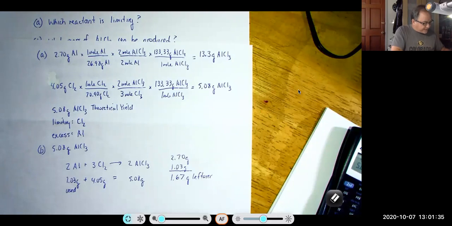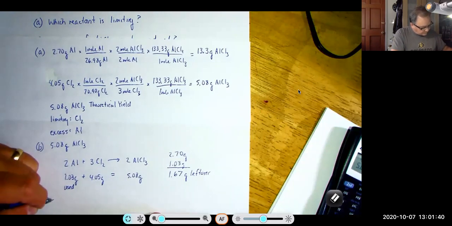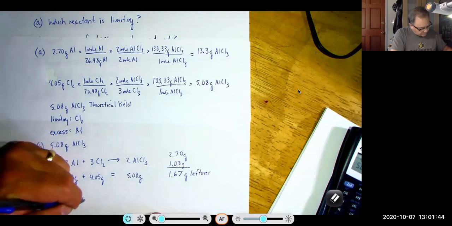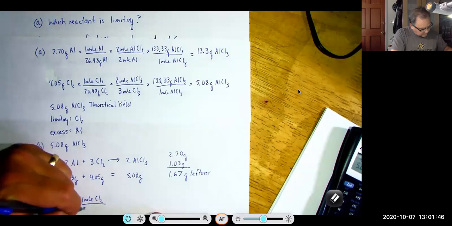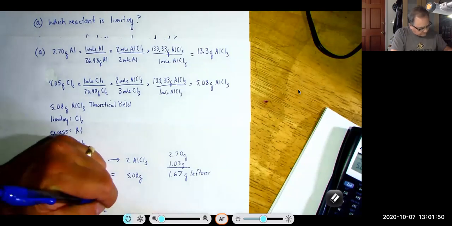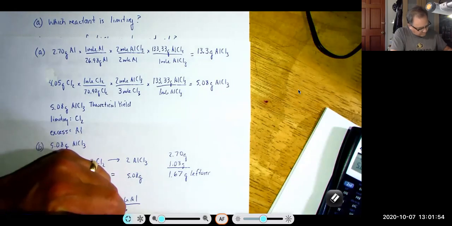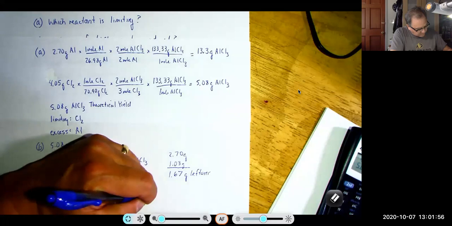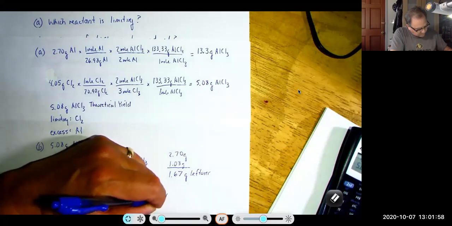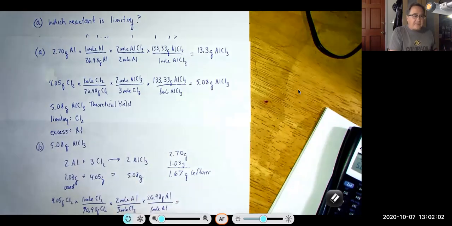Or you could do this. So here I'm calculating the grams of aluminum used.